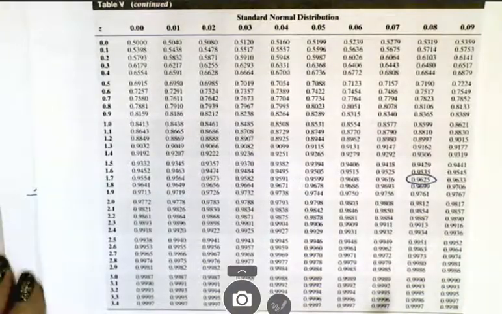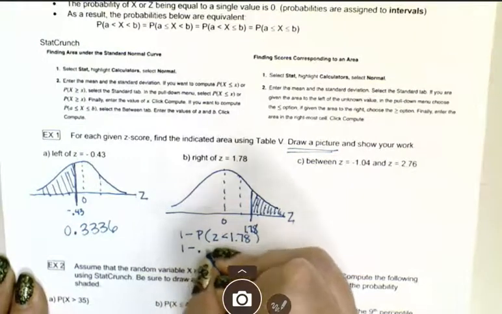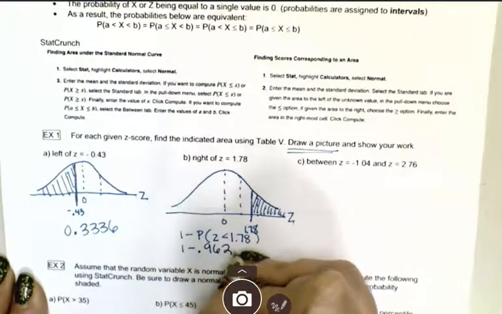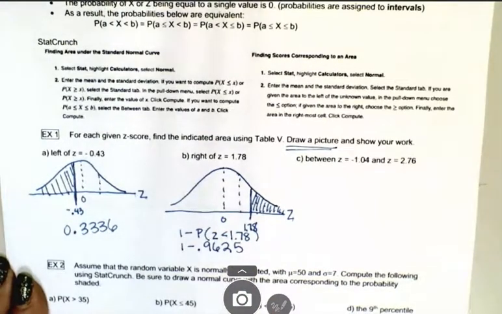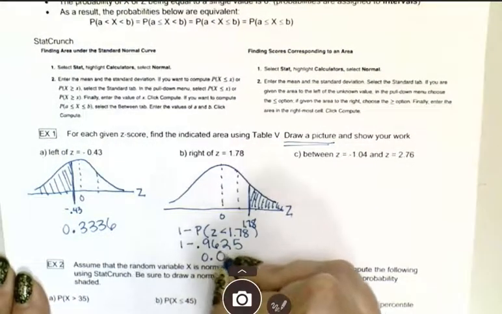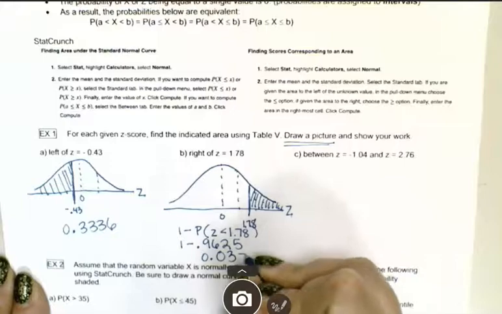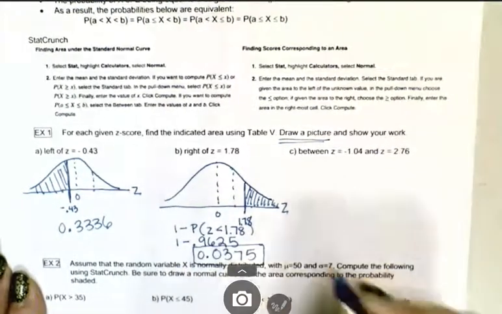So 0.9625 is the area to the left. So I find the area I want by subtracting that from 1. So 1 minus 0.9625 gives me 0.0375. And this would be my final answer.